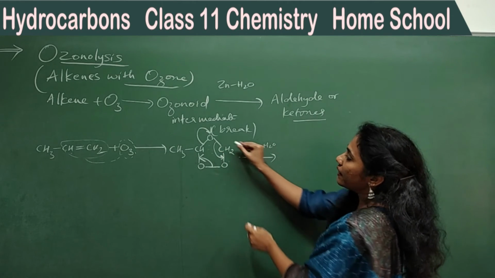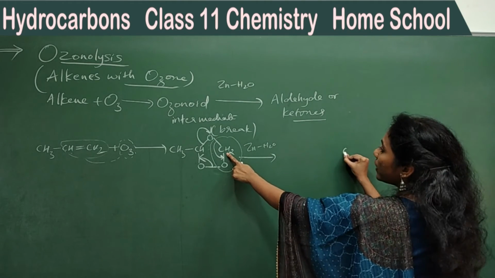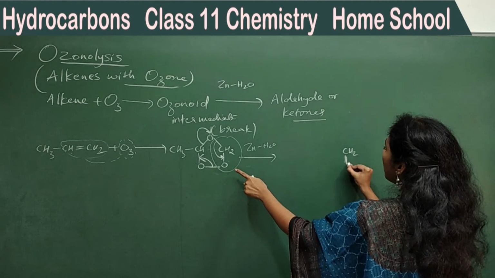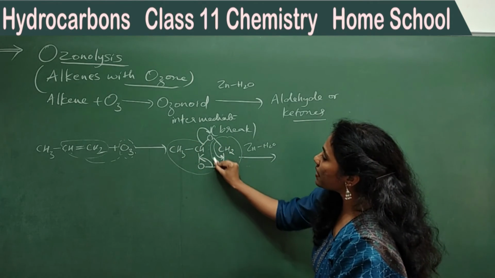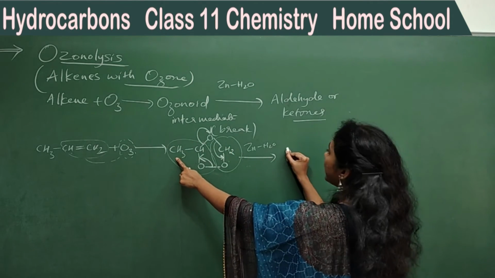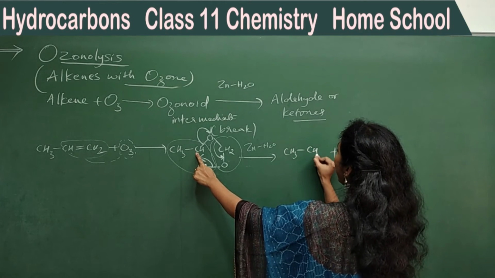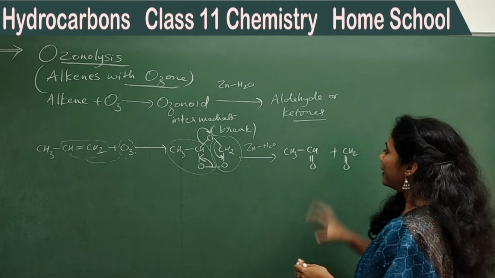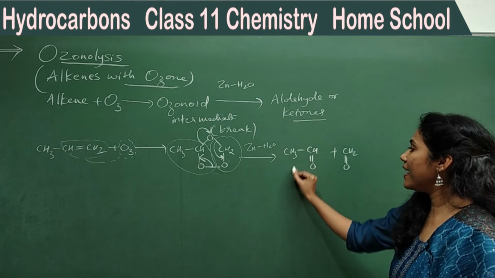See, let me write about this piece. So what are you getting? CH2 double bond O plus this piece. What is that? CH3, this single bond, CH, and you have a double bond, right? So what is this? This is an aldehyde, acetaldehyde.